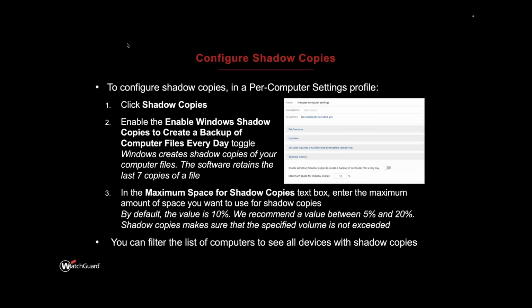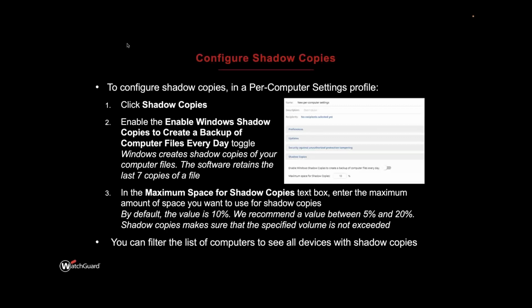The shadow copies feature itself is available in Windows Vista or later, and on Windows 2003 Server and later. Wherever the shadow copies feature is supported, our management of it will be as well. To configure shadow copies, it will be part of a per computer settings profile. It's going to be really easy.